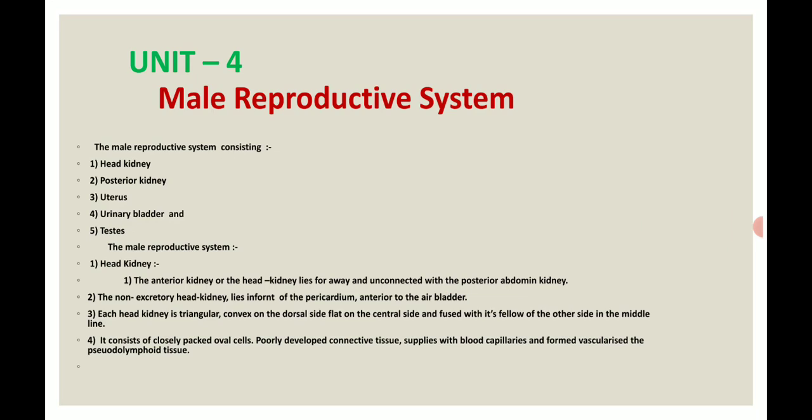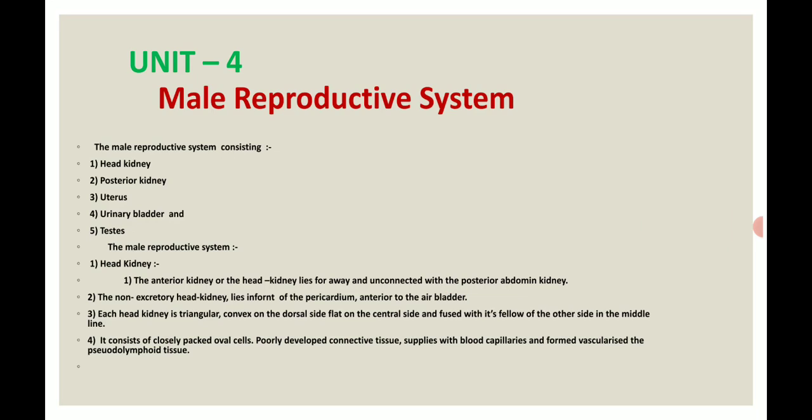We will see them one by one. The first is the head kidney, the second is the posterior kidney, the third is the uterus, then the urinary bladder and the testes.